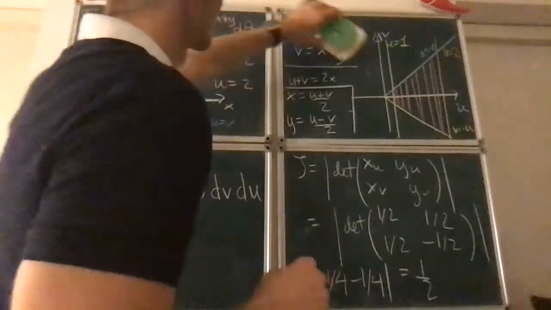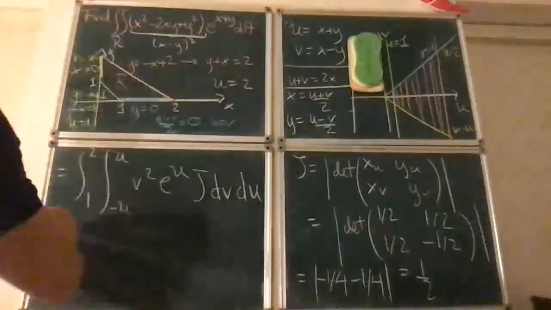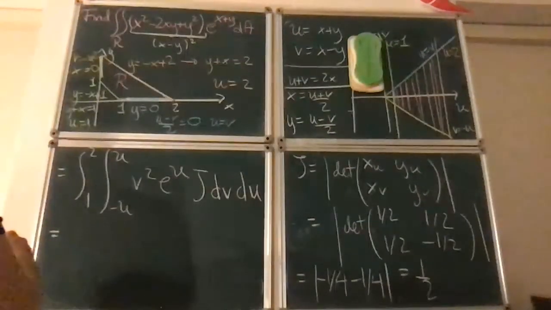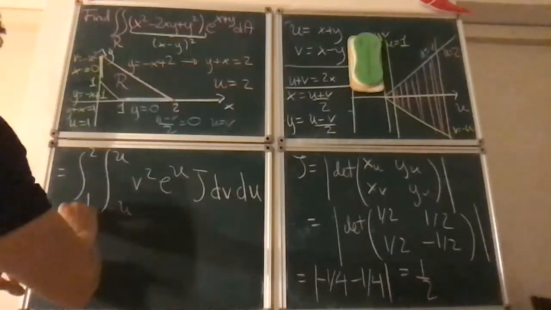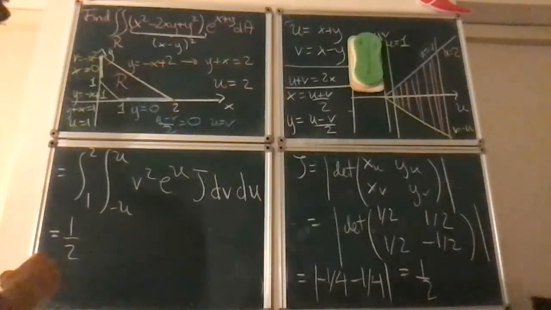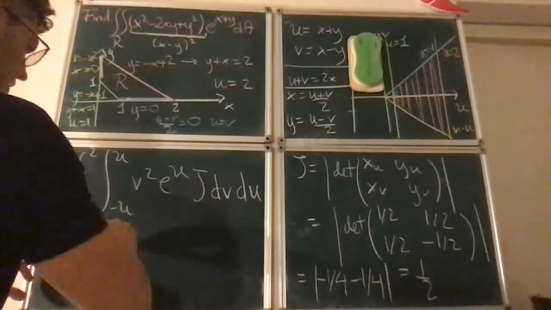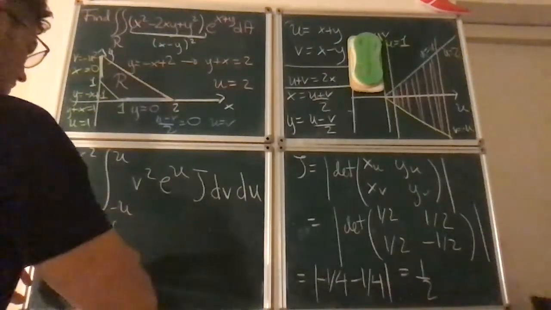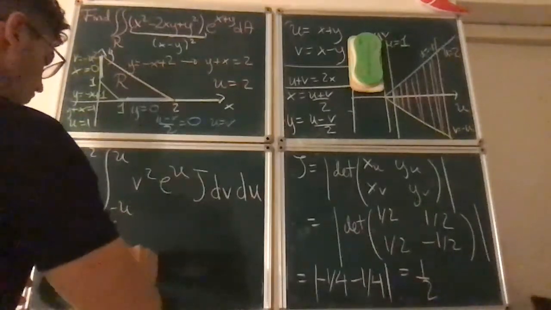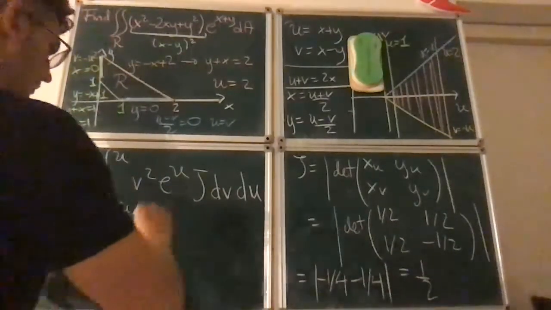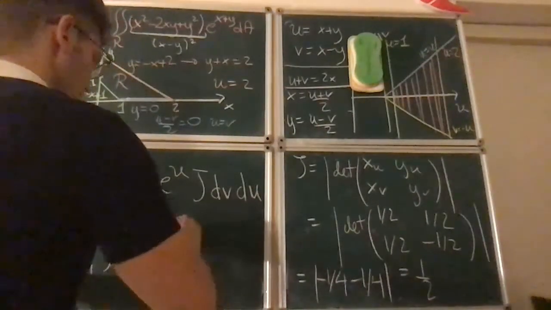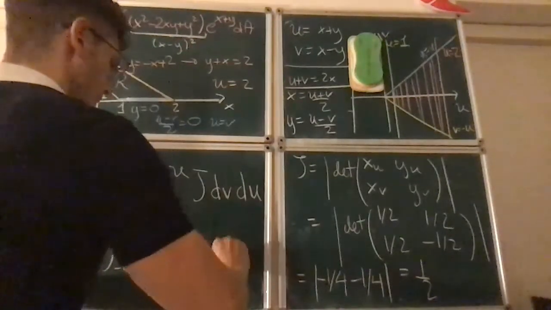So really what you have to compute is just 1/2 of the integral from 1 to 2, negative u to u, of v squared e to the u dv du.